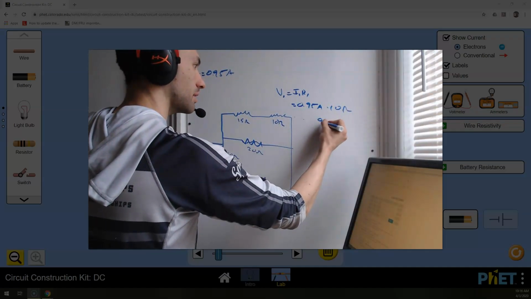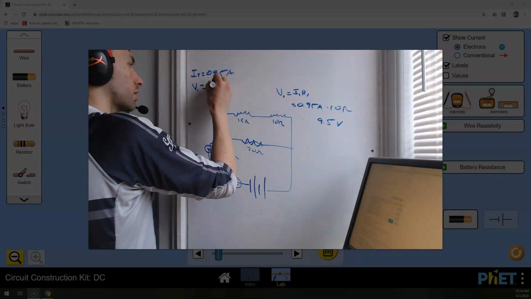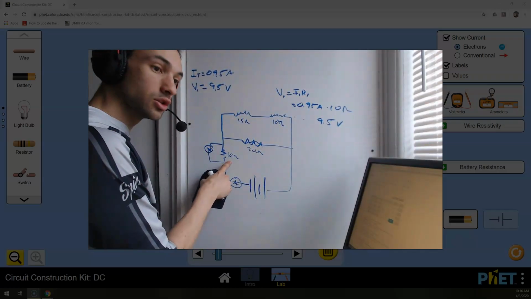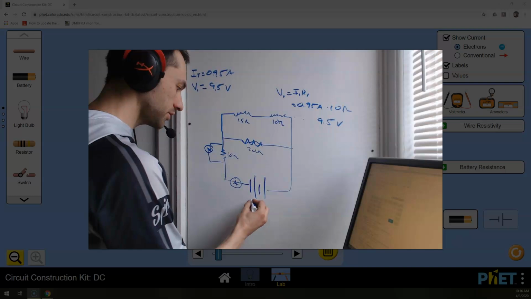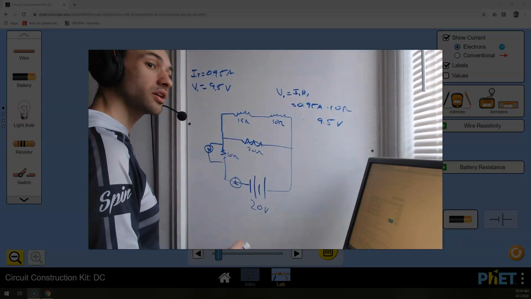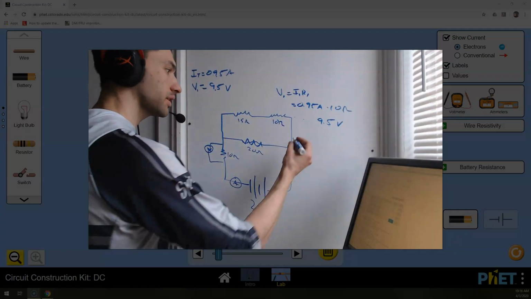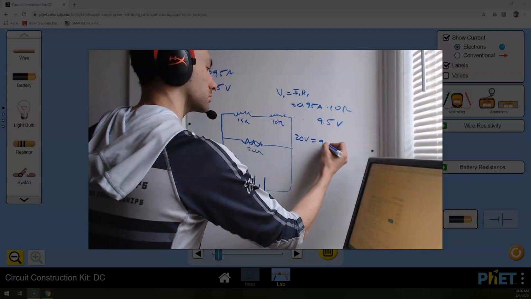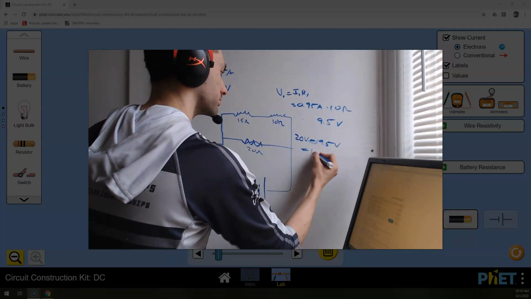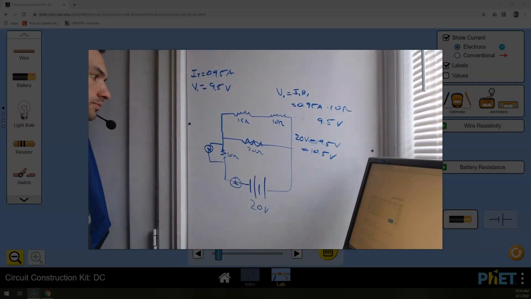So it is 9.5 volts. I now know that voltage on resistor 1 is 9.5 volts. Cool. This lost 9.5 volts from that 20 volts. That means there are 10.5 volts left over. So there are 10.5 volts left over.